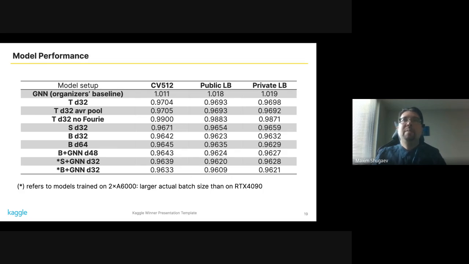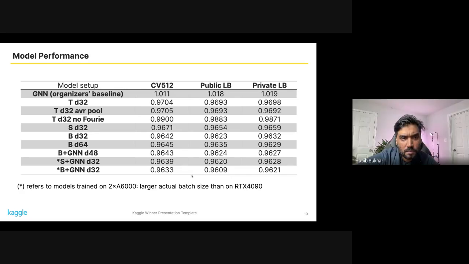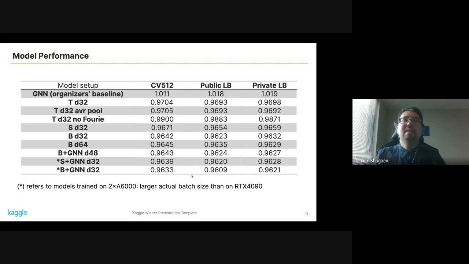However, in experiments run on other hardware with 2 A6000 GPUs and larger batch size, we have better results. These better results may be the result of the graph neural network or of a different batch size. Next slide.